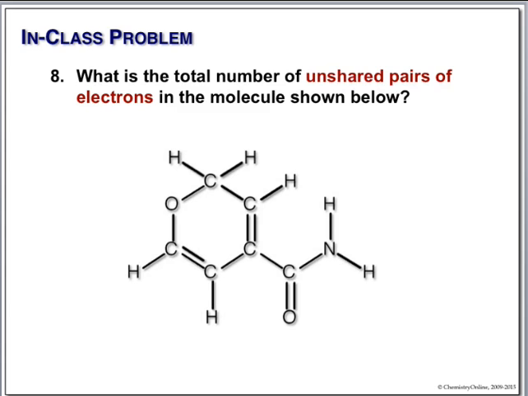Finally, let's look at this guy. How many unshared pairs of electrons do we have here? In organic chemistry, a lot of the reactions we do are going to deal with things that have unshared pairs of electrons.